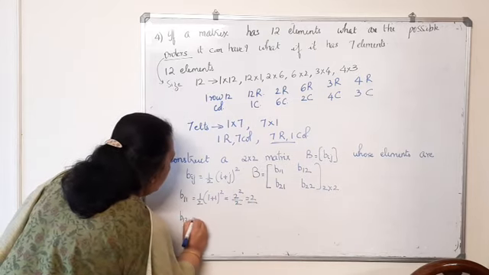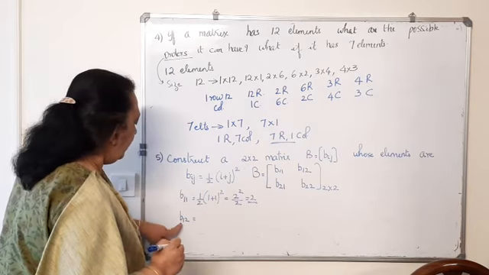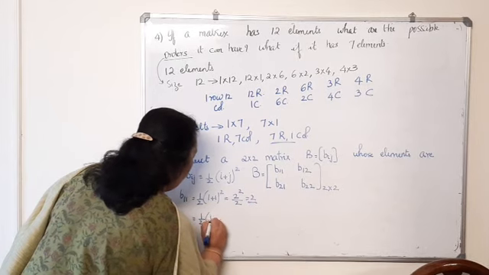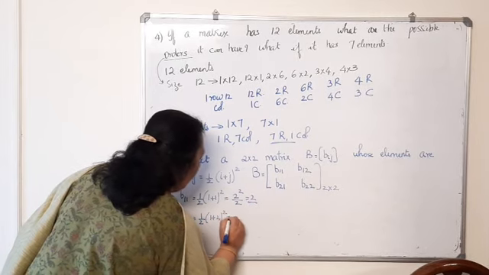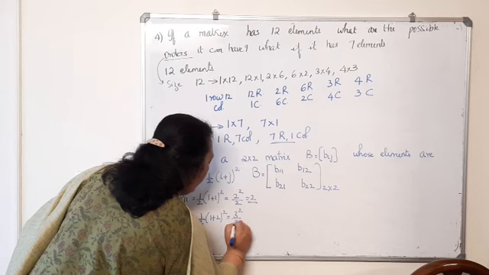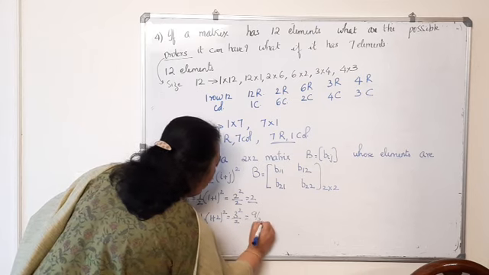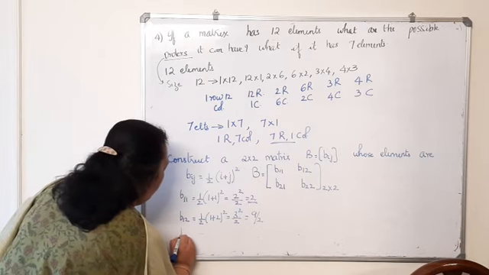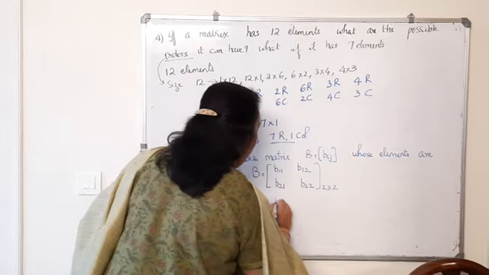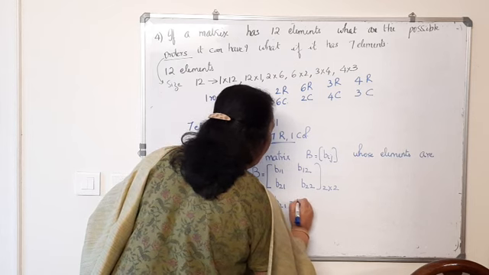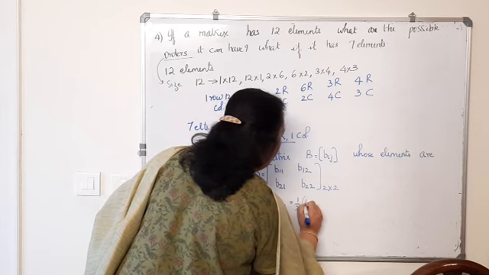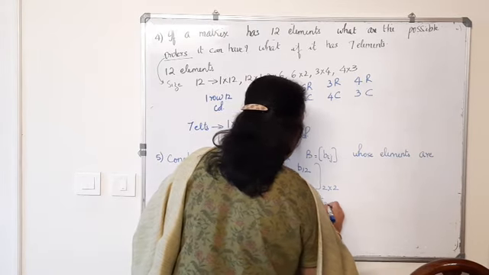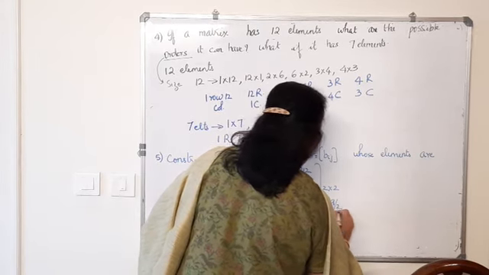B12. That is i is equal to 1, j is equal to 2. That is 1 by 2 into (1 plus 2) the whole squared. That is equal to 3 squared by 2, which is 9 by 2. B21 is equal to 1 by 2 into (2 plus 1) the whole squared, which is equal to 9 by 2.